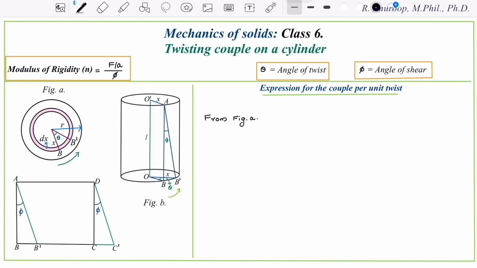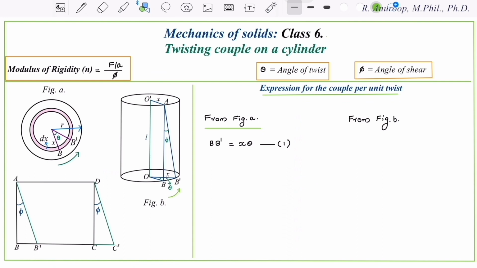Since the radius of the cylinder is x, BB dash is equal to x theta. So our first relation is BB dash equals x theta.